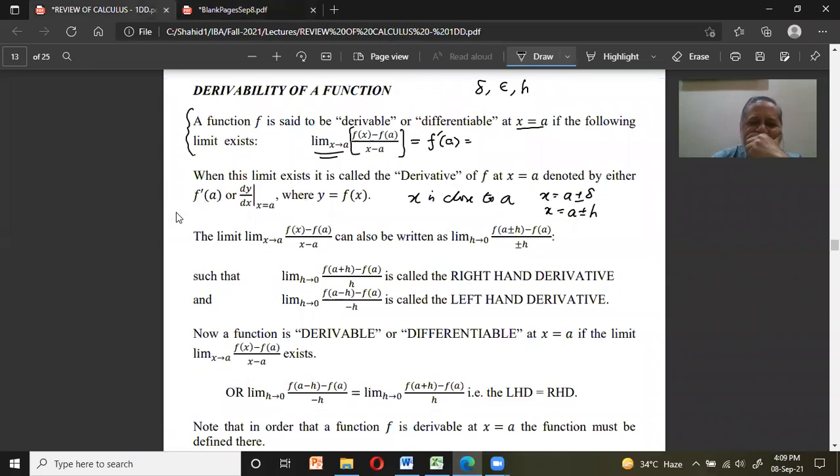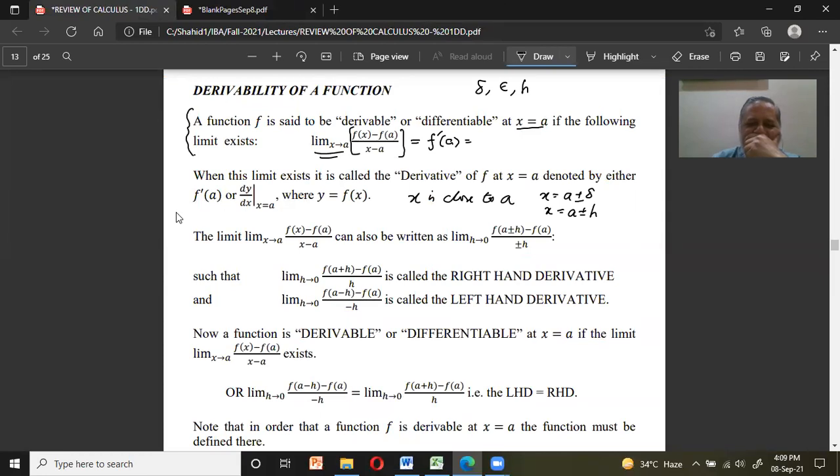So when we talk about derivability, we talk about replacing x by a plus h or a minus h wherever x is there in this ratio of f(x) minus f(a) upon x minus a. So if I use a plus h, the denominator will be plus h. If I use x is equal to a minus h, the denominator will be minus h.